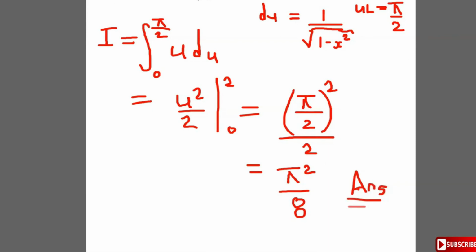Moving right along. Part C says use partial fractions to show that this can work out to be this.